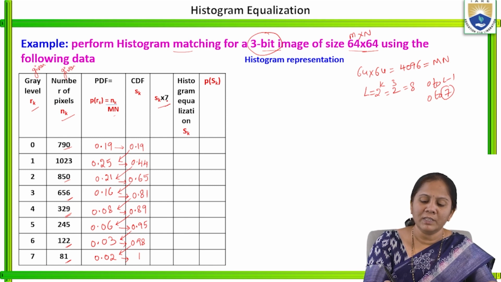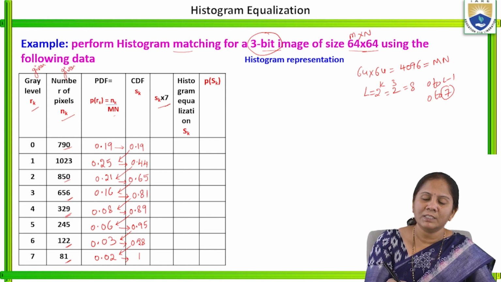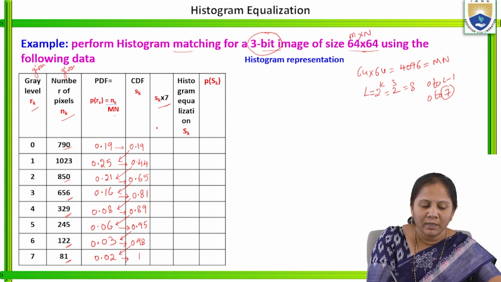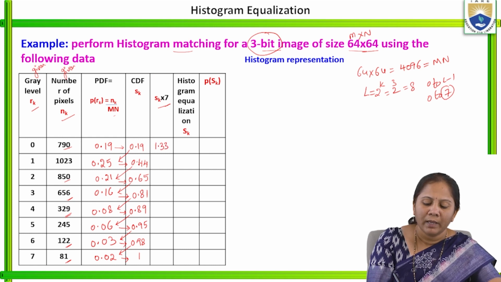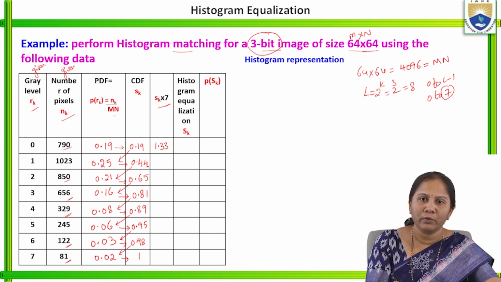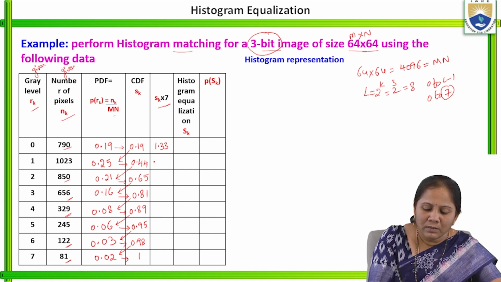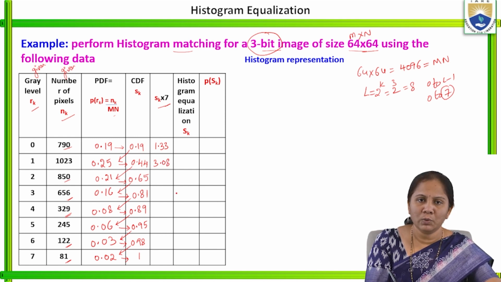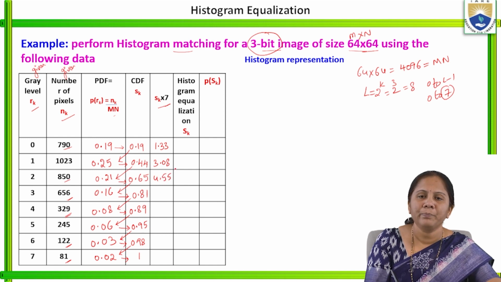If we perform this multiplication with 7 for all these values, 0.19 into 7 gives 1.33. Next, 0.44 into 7 gives 3.08. 0.65 into 7 is 4.55.